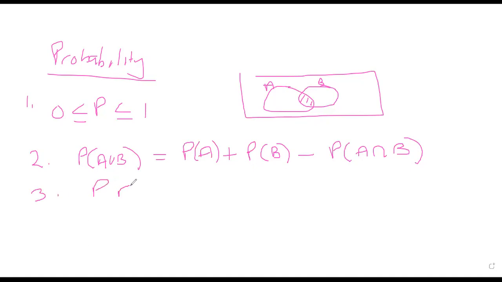Then we have what is called the complement. The probability of A plus the complement of A will always give us 1.